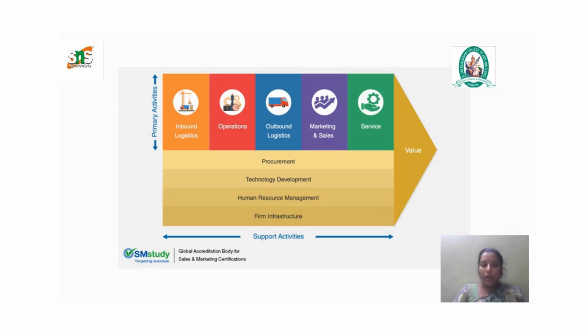So we have discussed the primary activity and support activity. To make you more confident and thorough on this topic, this image will make it easier to understand the concept. In this image, you can see these are the primary activities and these are the support activities.